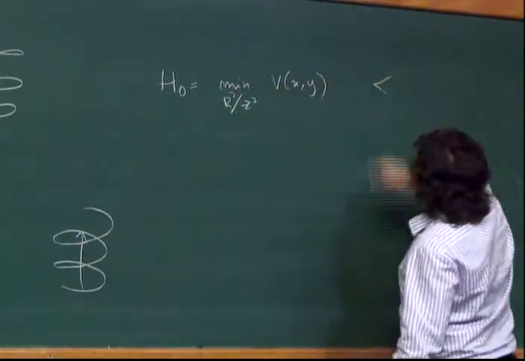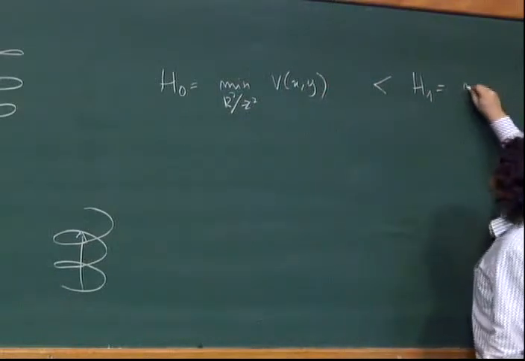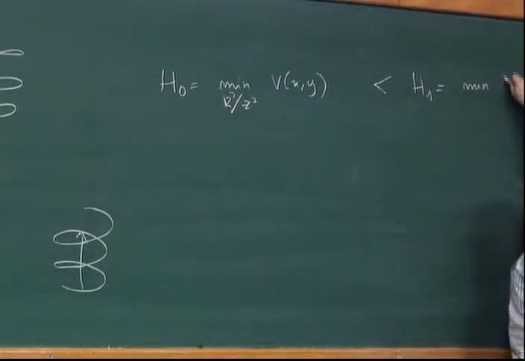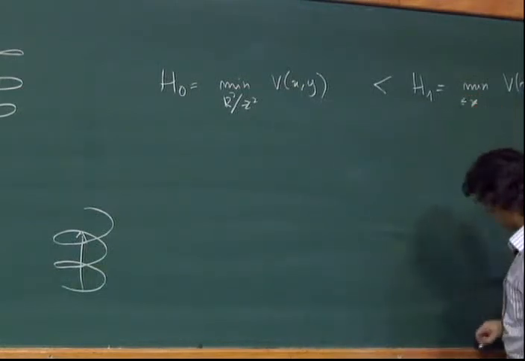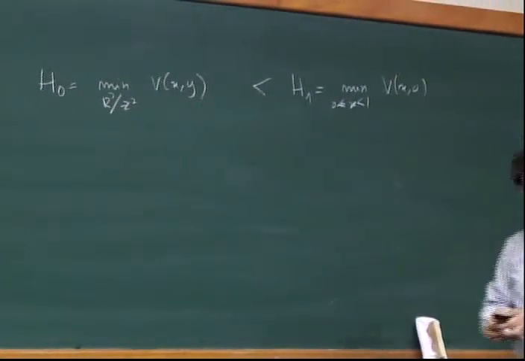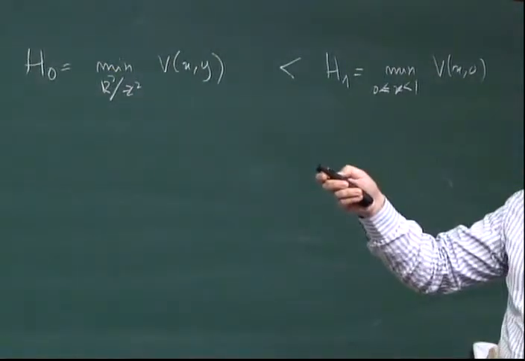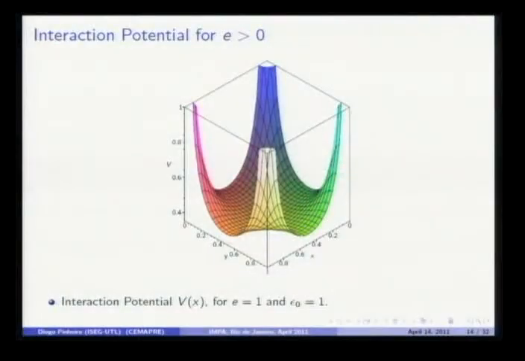And this is strictly less than H1, which is the minimum of Vx0 when x is between 0 and 1. So above H0, you start having dynamics, and the other critical point is above H1.